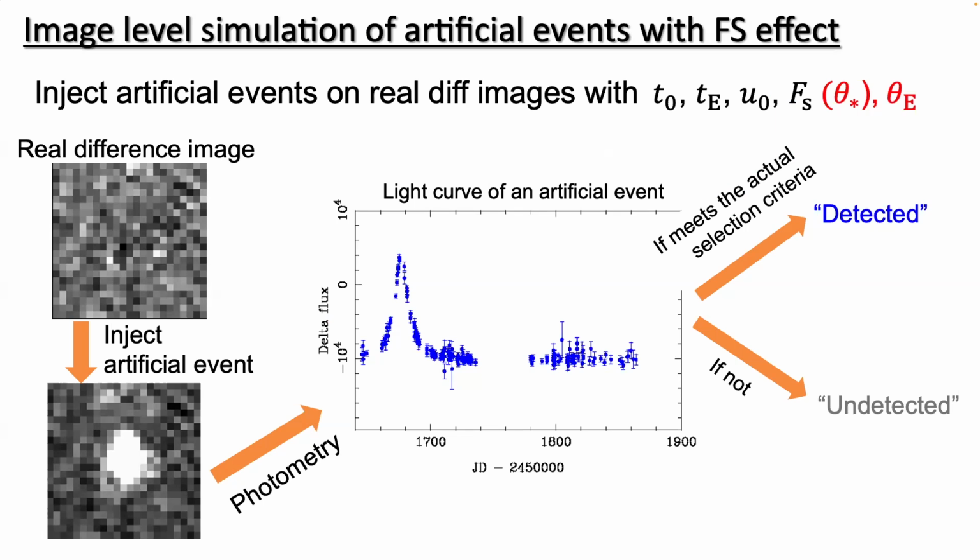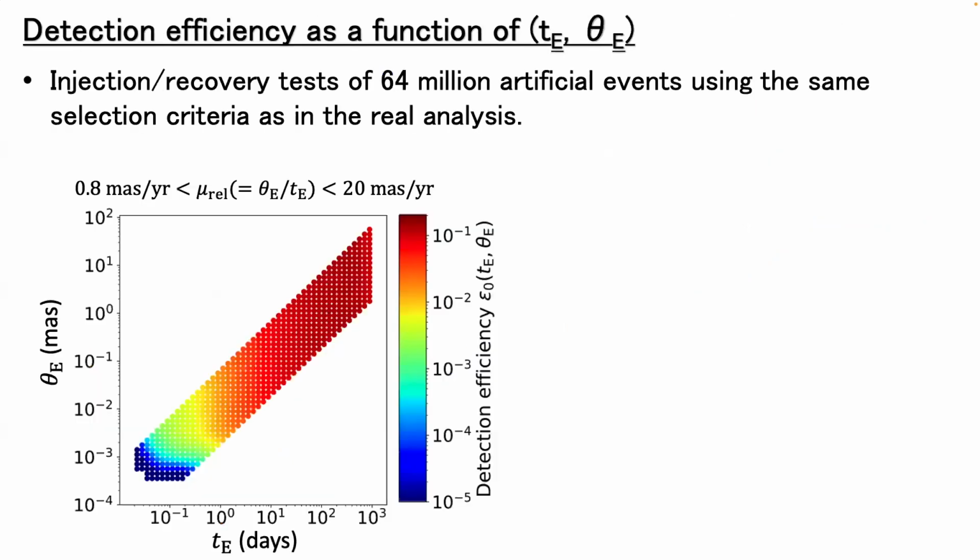By repeating this injection and recovery test for 64 million artificial events, we computed this 2D detection efficiency as a function of the timescale tE and theta E. The computed area corresponds to this region of the relative proper motion values.